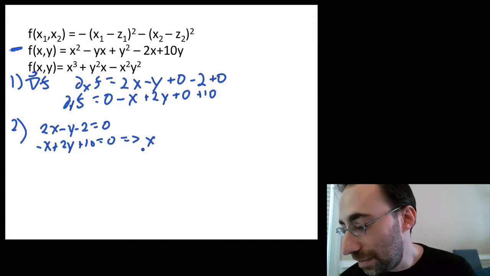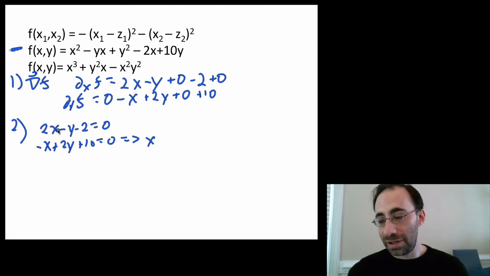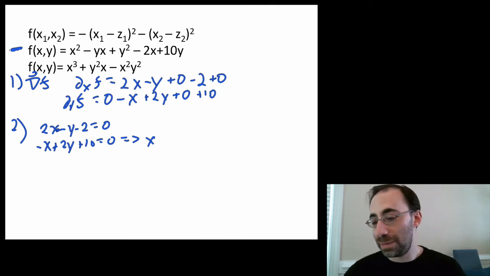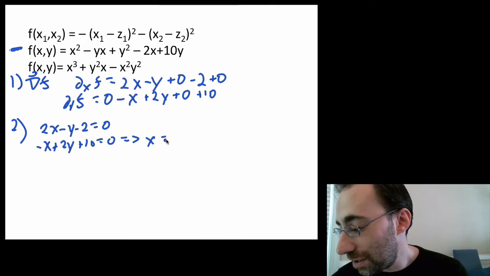The second one, and these are all critical values here, but I'm going to drop the stars to make it more readable. But there should be asterisks on all these x's and y's in this part 2. So x is going to be equal to 2y plus 10.